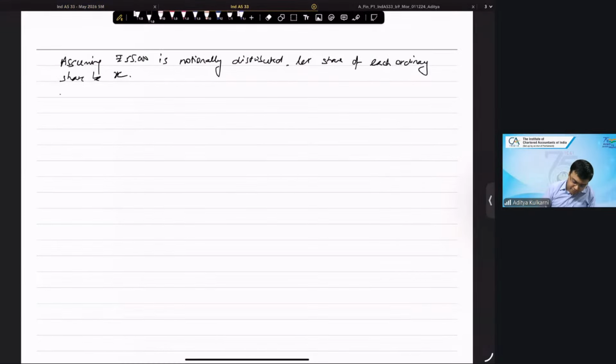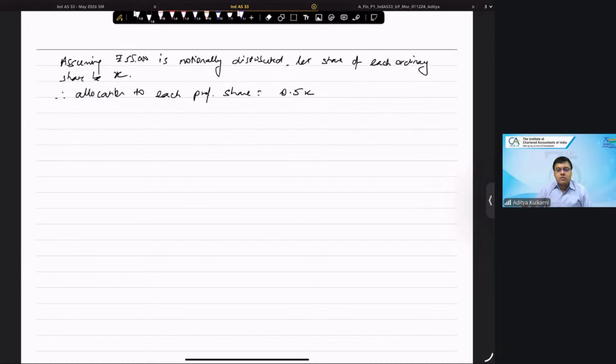Therefore, allocation to each preference share is equal to 0.5x. Are we able to understand this? Any doubts? Till now you have understood this?